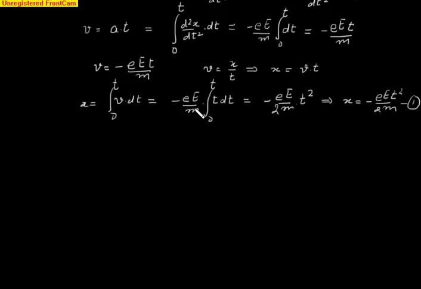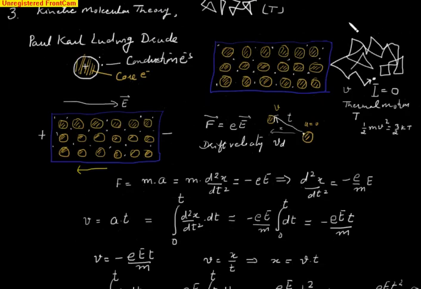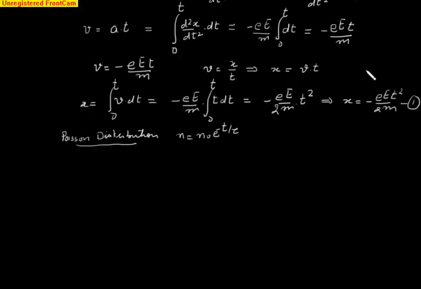And this relationship may be given by Poisson distribution, which is n is equal to n naught e minus t divided by tau, where n naught is the number of electrons in a group which are moving under thermal motion, under thermal effect here due to temperature only.